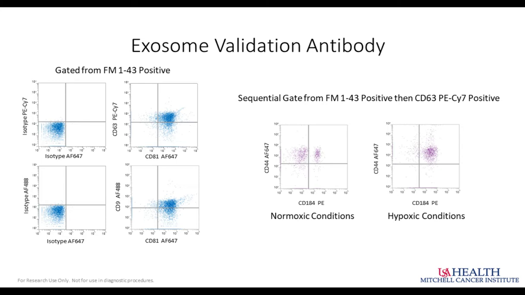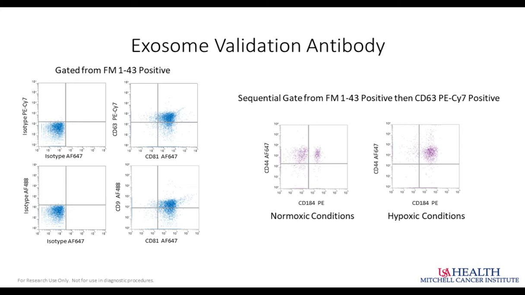So we've done all of the spinning with all of our culture supernatant from these two comparative cell lines, and we're looking for the markers CD44 and CD184. And we actually saw quite a distinct difference in normoxic conditions. Not all, probably only, let's see what the number is here, 40% of the exosomes are actually staining positive for CD184.